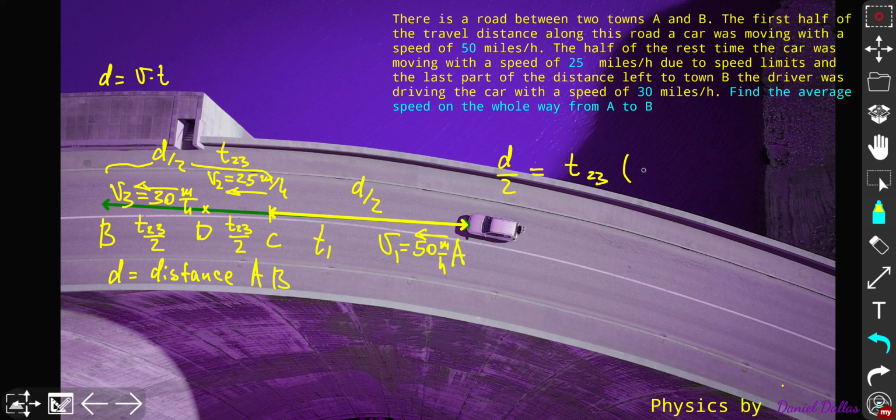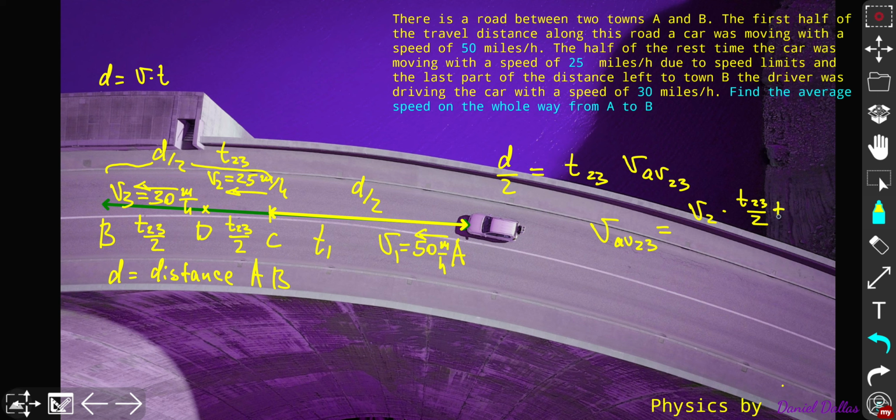So that's why we can write the expression for the average speed. We can set up here the average speed on the interval from 2 to 3, okay? And this average speed V23 is simply the time weighted average. That means we take V2 multiplied by the time T23 over 2, because it takes half.